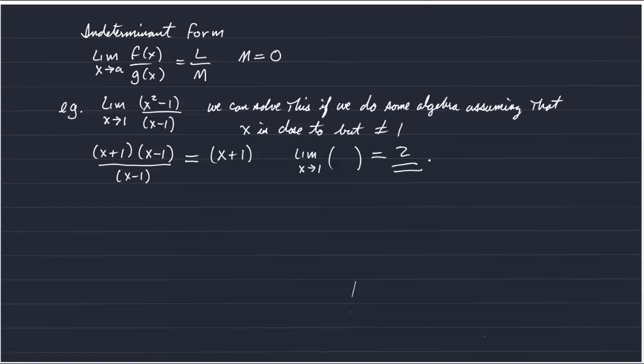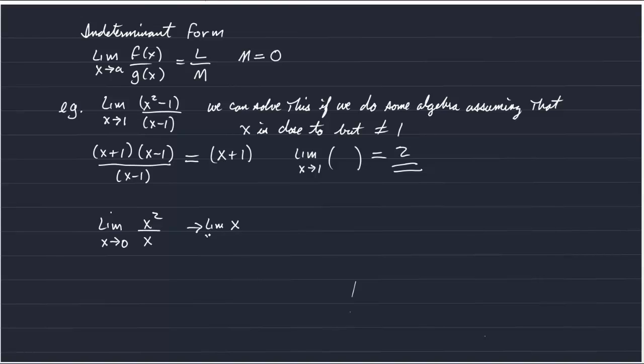Okay. Another example, let's consider the limit as x goes to 0 of x squared over x. Right? When x is equal to 0, then we can evaluate this quotient. But if x is close to but not equal to 0, we can carry out the algebra and just say that x squared over x is equal to x.